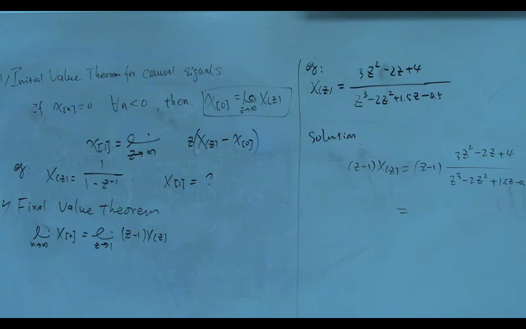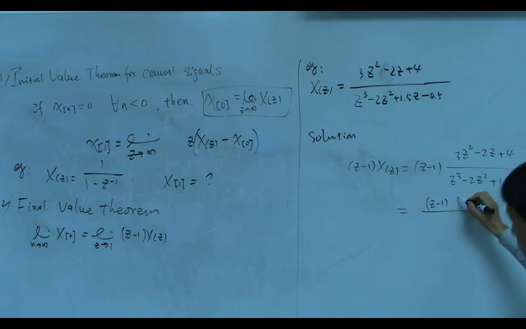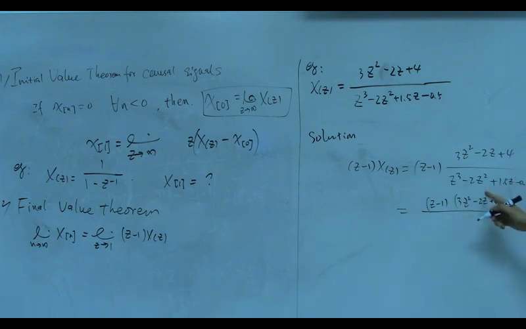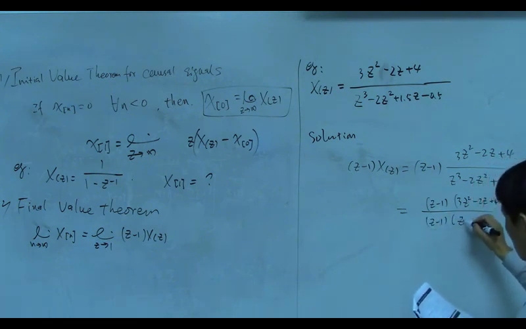I will put the top first: 3z squared minus 2z plus 4. On the bottom, you factorize this, and the result equals z minus 1 times z squared minus z plus 0.5.